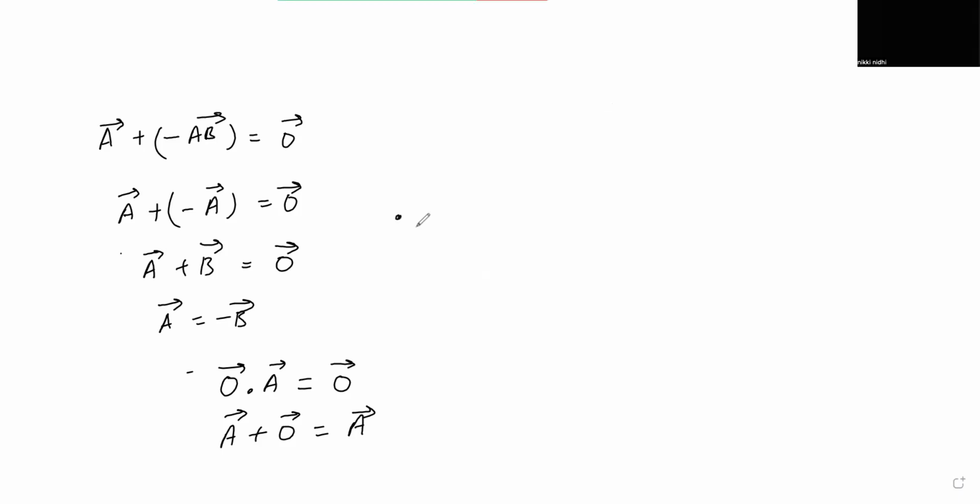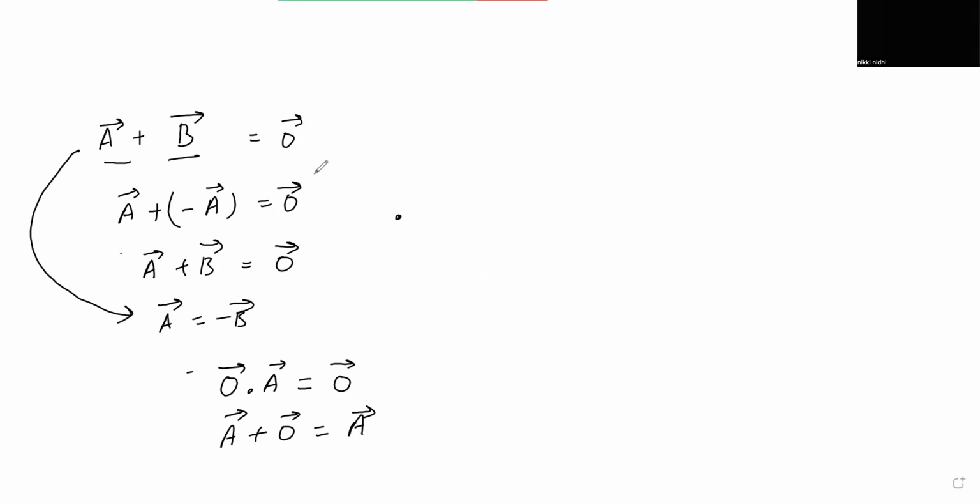Suppose this is, oh, I'm sorry. What did I write? Just check this. A vector plus B vector is equal to null vector. That means A vector is equal to minus B vector. Okay? Got it? Any doubt?